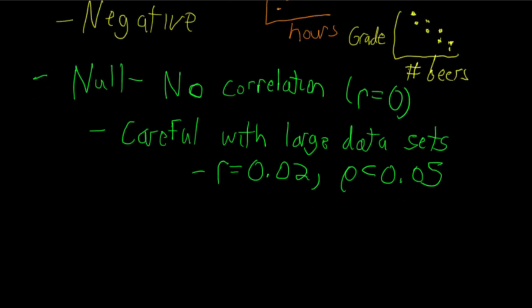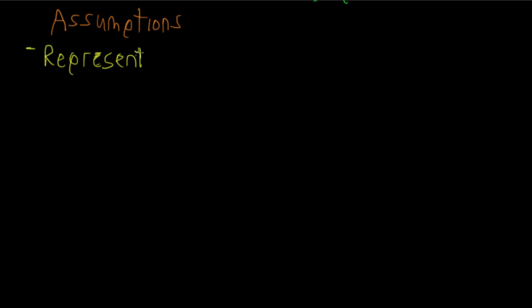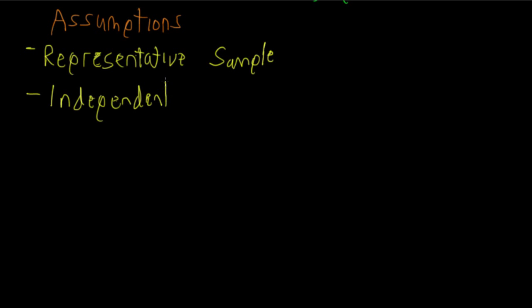Now let's go over the assumptions of the Pearson's correlation coefficient. The first assumption is that the data must be from a representative sample from one population. That means it just has to represent the population you're studying. The second is that the observations must be independent.